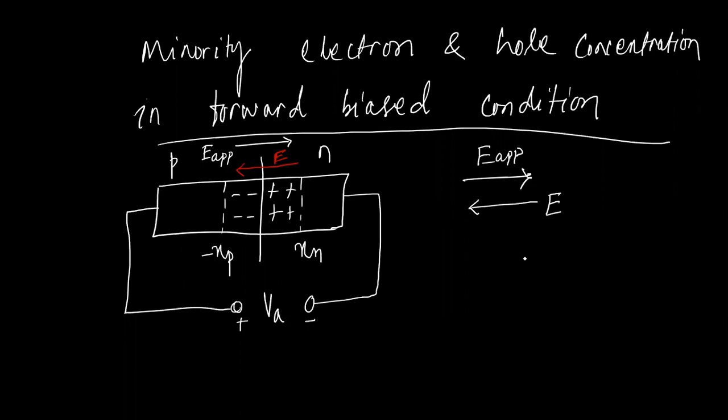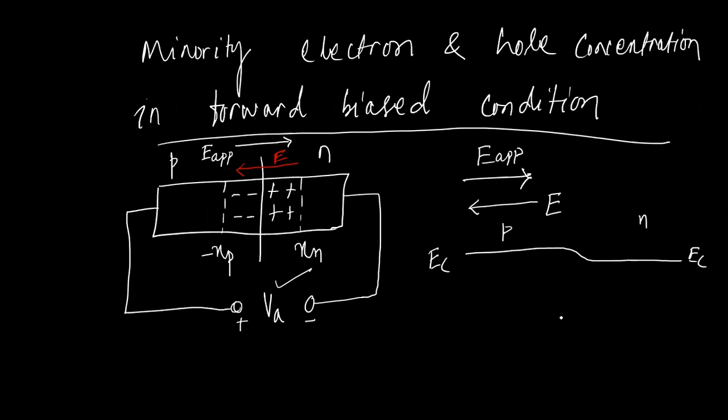And if you remember the energy band diagram we had already done, if I give a forward applied voltage this way, then the bending will be smaller, and the space charge width will decrease. This is the conduction band in the P region, and this is the conduction band in the N region. Now the Fermi energy level will be disturbed.